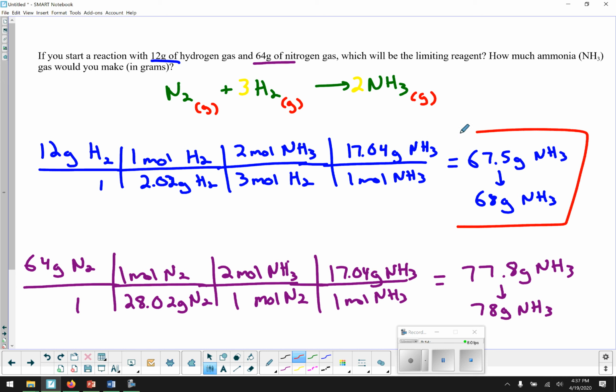Because at that point, we run out of hydrogen. So this is what we actually make, and that would be the theoretical yield. Because once we make 68 grams of ammonia, we've run out of hydrogen. Yes, there's extra nitrogen, but it doesn't have anything else to react with.